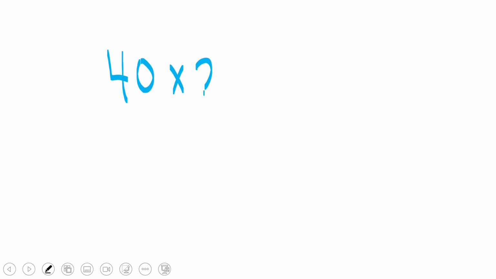All right. If we are multiplying by a power of 10, as in this example, like 40 times 20, we need to multiply our front end numbers and then place as many zeros as are in our factors.